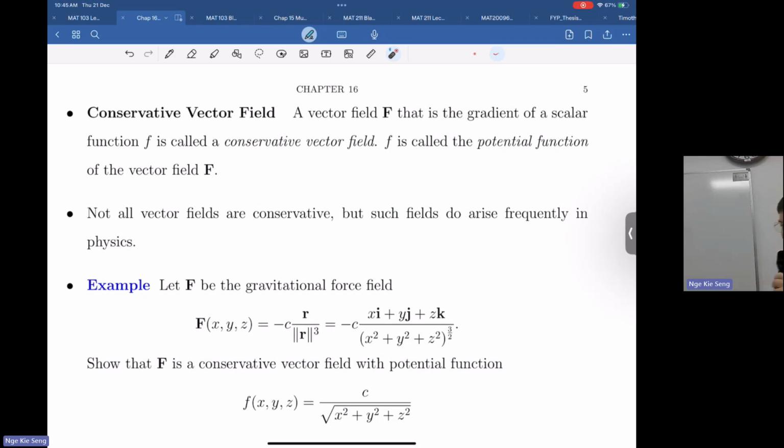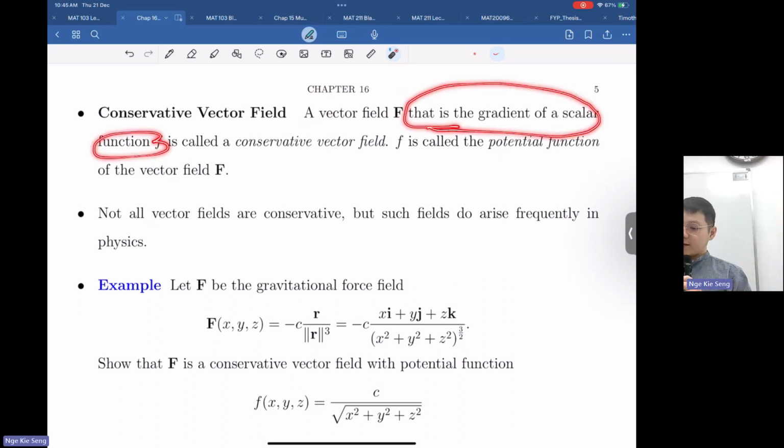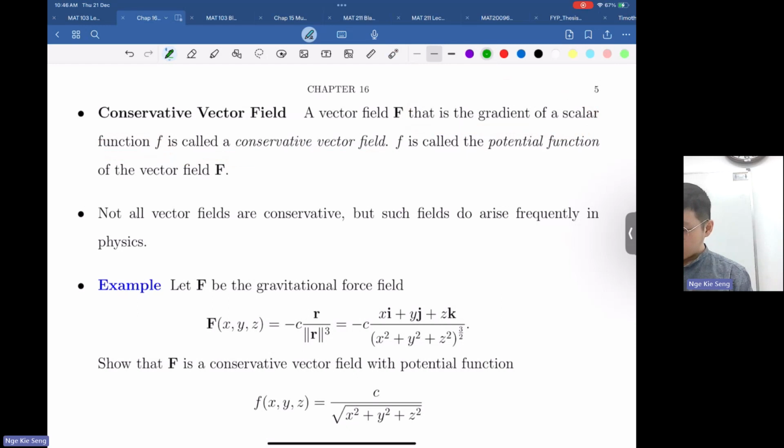Okay. So the definition starts like this. A vector field F that is the gradient of a scalar function is called a conservative vector field. So it means what?